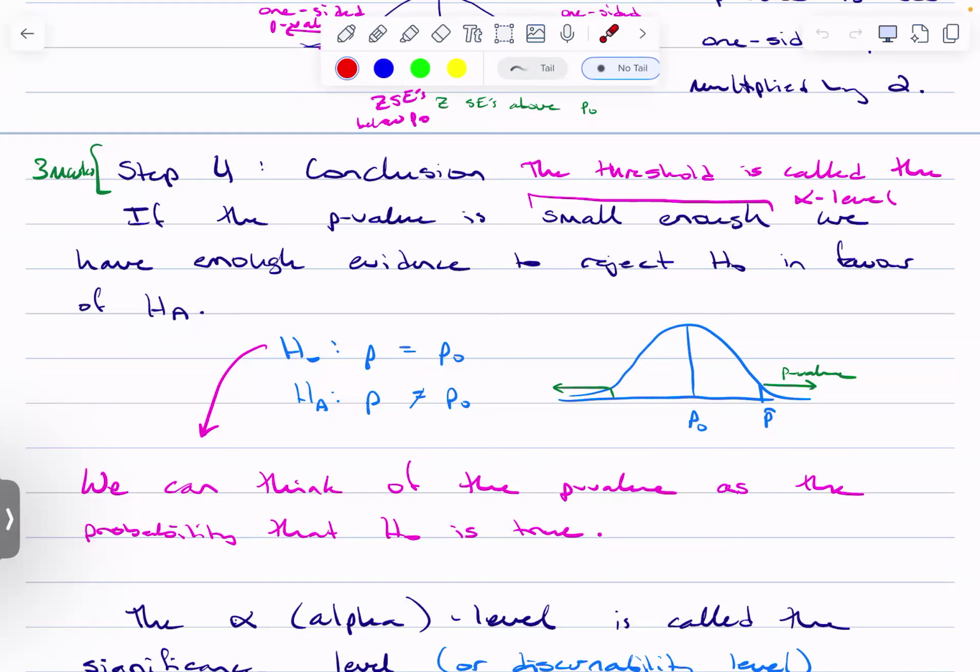Sometimes it doesn't matter, like, is there a majority or no? Not really. But with a medicine, you don't want to put it out to market if people are dying from it. You want to be really, really sure. That's important. And so then you use a lower alpha level. You make it harder to reject H naught if it's expensive. And I mean expensive in a broad sense.